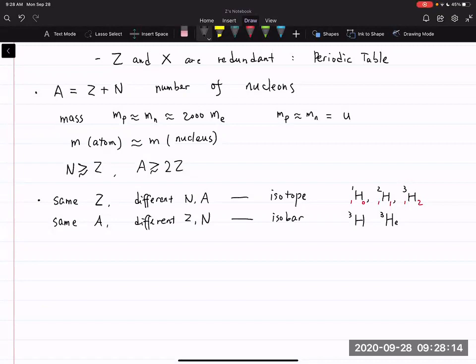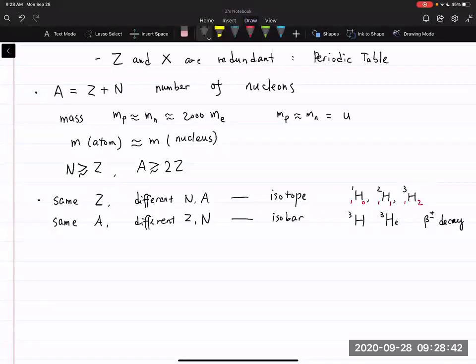In those nuclear reactions, the total mass number doesn't change, but the number of neutrons and protons can change. So this example is the beta decay. That includes both beta plus decay and beta minus decay. In this beta decay process, we either release an electron or we release a positron.